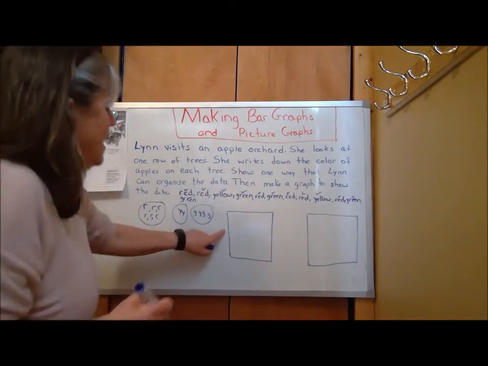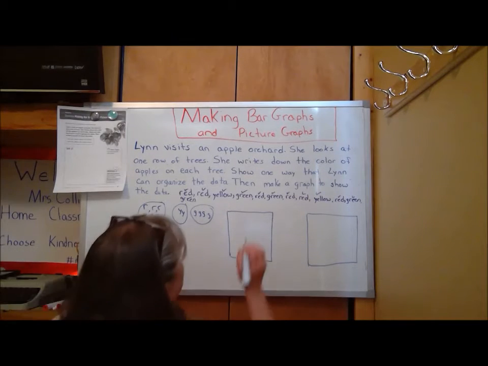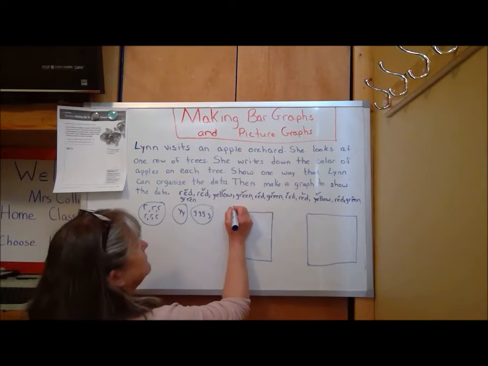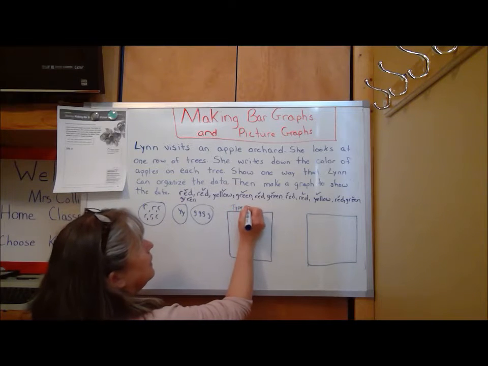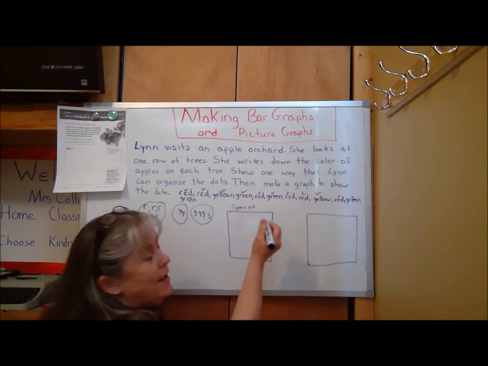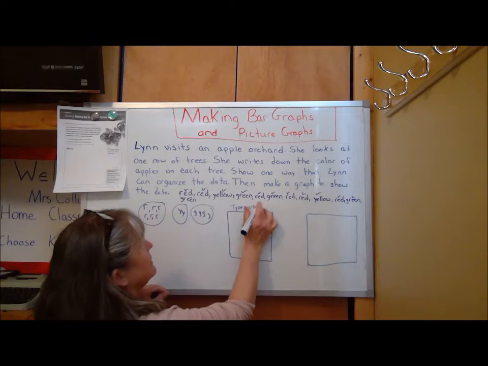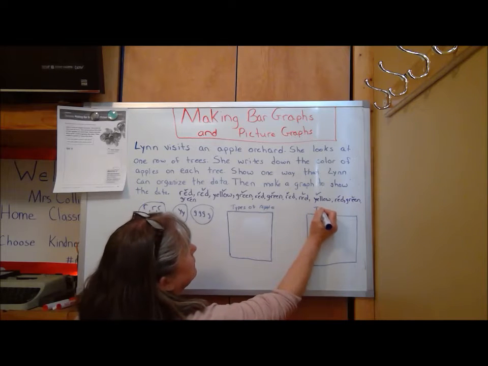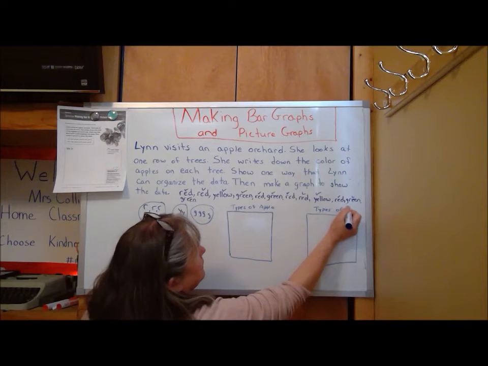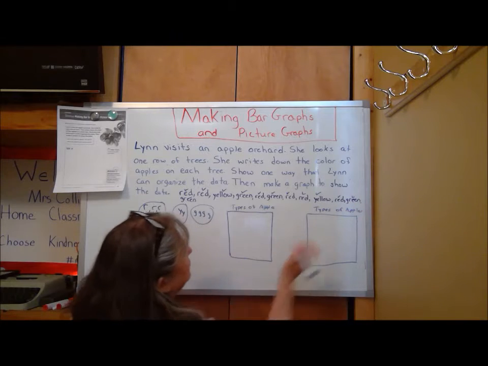So I'm going to put up here, it's going to be types of apples, because we have to give it a title. Every graph needs a title. So this one is also going to be types of apples. Titles are uppercase unless it's a little tiny word.